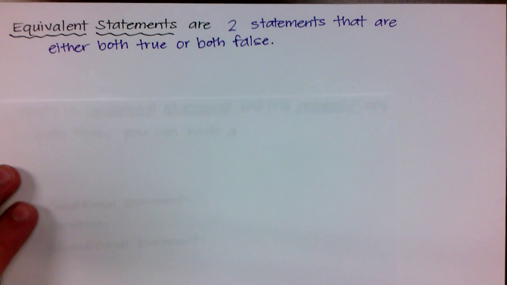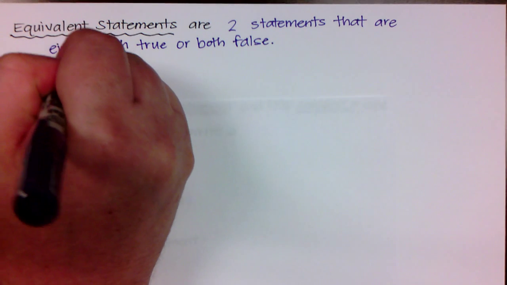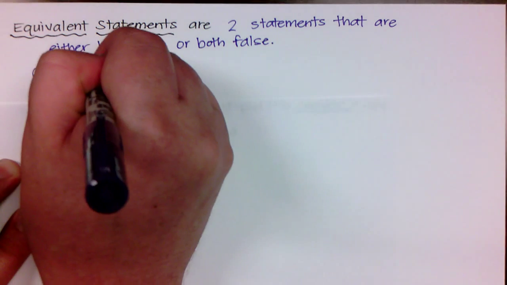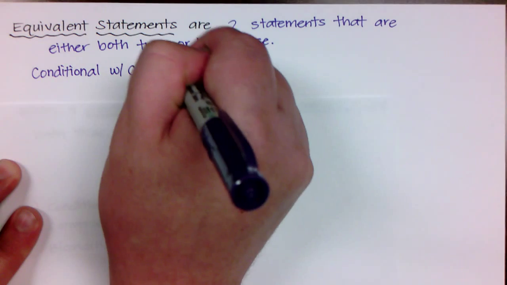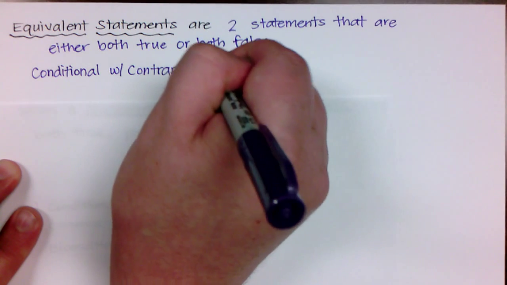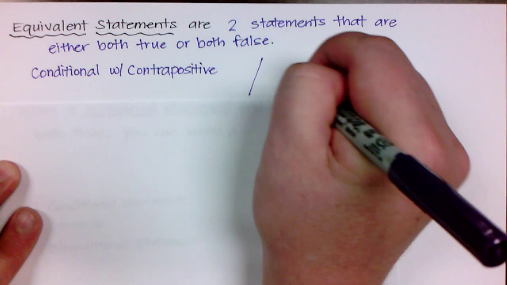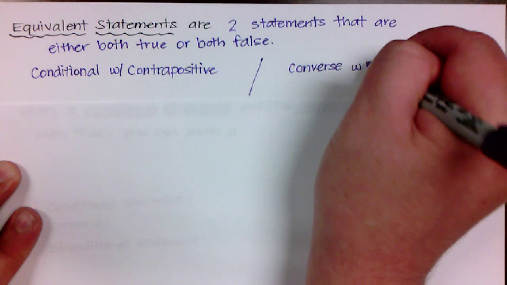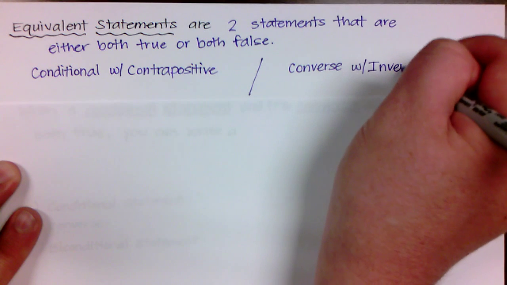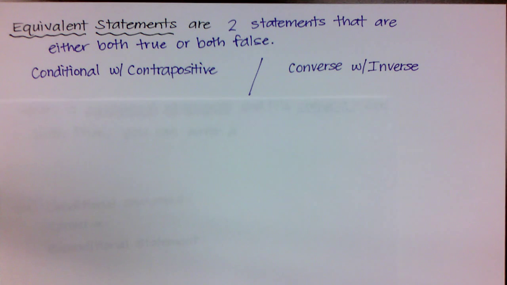So the pairings that you're going to notice will be the conditional statement with the contrapositive, and on the other hand, the converse with the inverse. You'll always see that those are going to be equivalent statements with one another. They're either going to both be true or they're going to both be false.